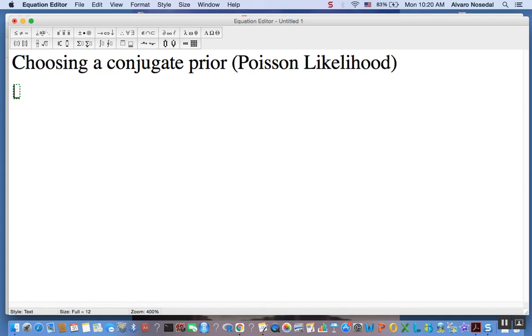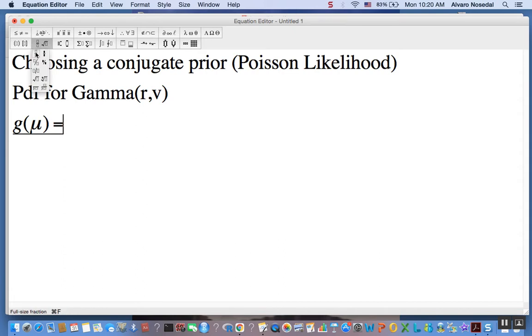Okay, so we know that our parameter of interest will be mu, the mean for a Poisson likelihood. So let me use mu as our variable. Okay, so g of mu, the PDF for a gamma with parameters r and v, will be given by this expression.